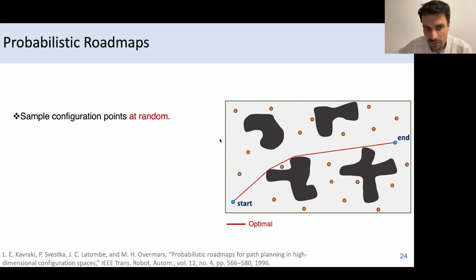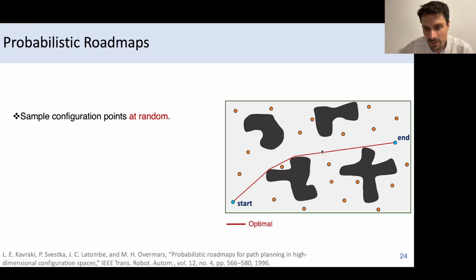So to solve this kind of problem, in the robotics literature, an algorithm has been proposed. It's called probabilistic road maps, and the idea is very simple.